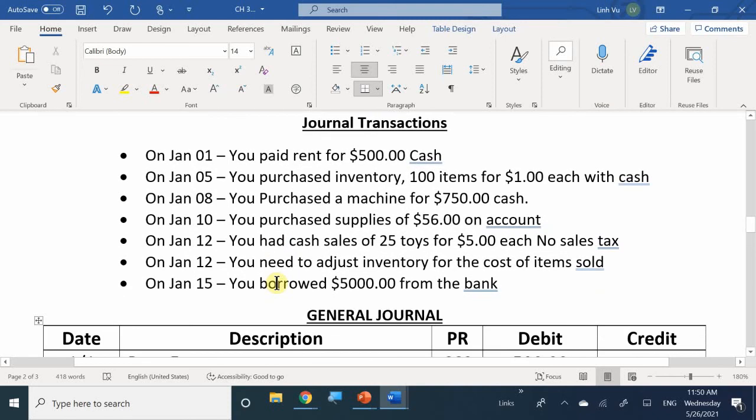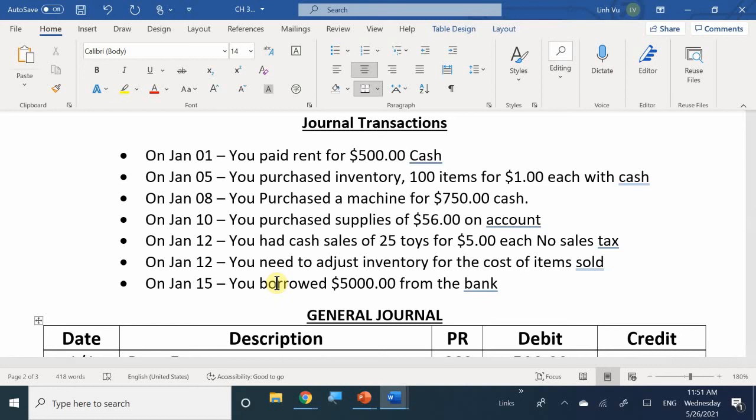What did we originally purchase it for? What did we purchase the inventory for? For the cost of items sold? 100 items, $1 for each. Okay, so we originally purchased 100 items at $1 each, right?